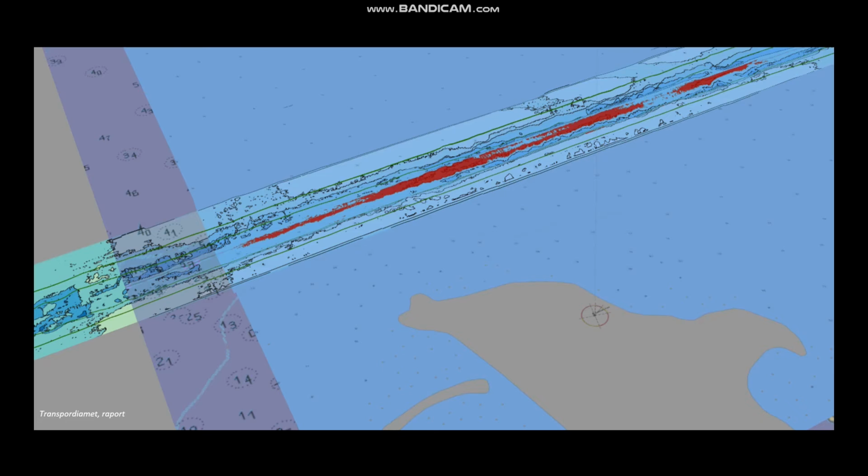So the Estonian Ministry of Transportation made a report of how deep the channel is between Hiiumaa and the mainland. You see over here that they measured the whole channel, and the parts that are too shallow to get the ships through are marked red, and all other parts are marked in a different color. So this is an example of managing places.